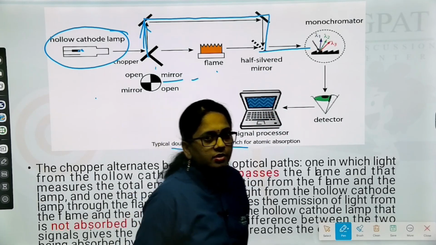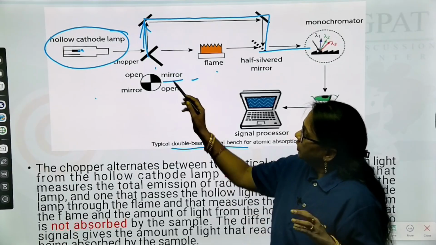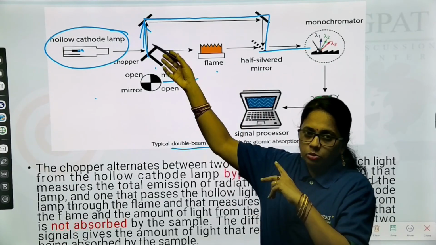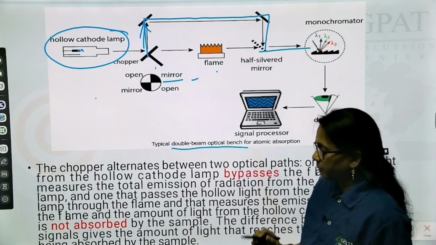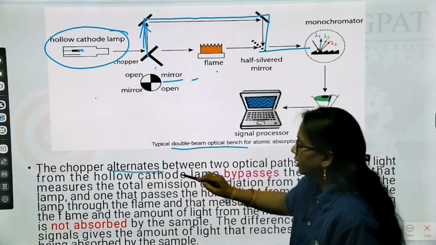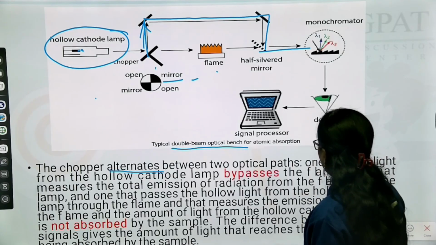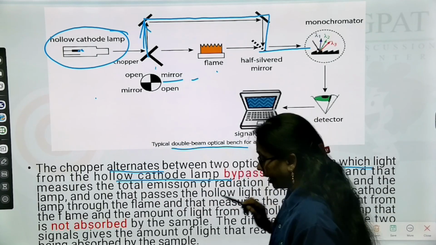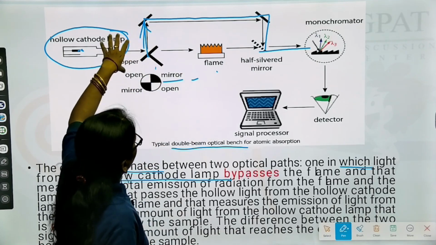So the chopper alternates between the two optical paths, one in which the light from the hollow cathode lamp bypasses the flame.